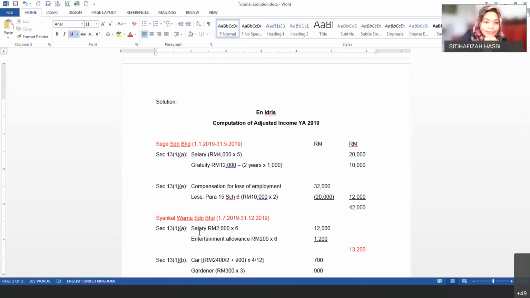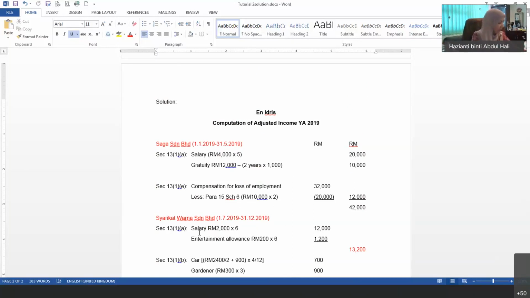I think for the next topic, when we do personal relief, that time I think I have more, when we do charge computation of individual taxation, when we have all the relief too, then you are going to have more questions.